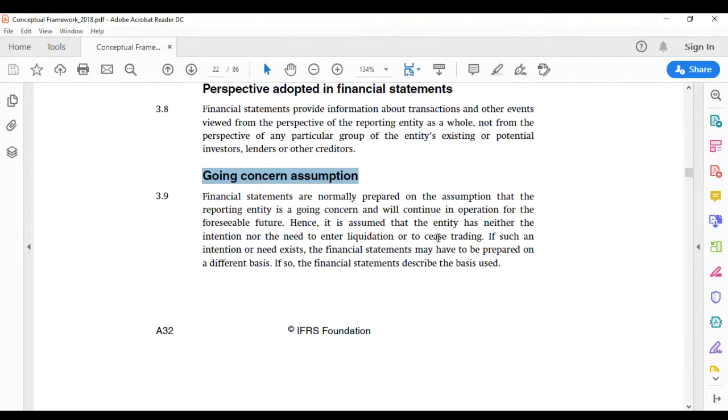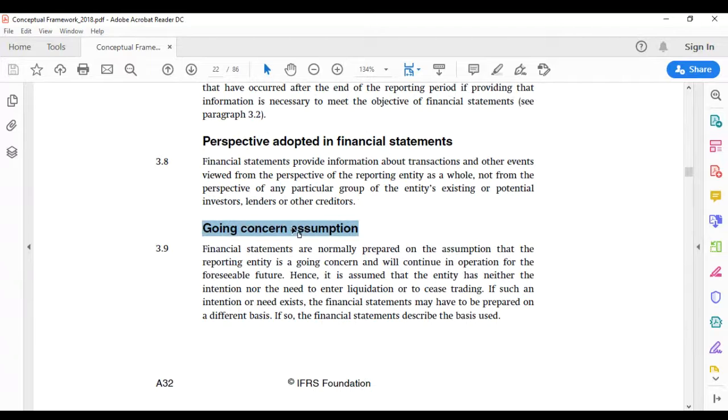Hence, it is assumed that the entity has neither the intention nor the need to enter liquidation or to cease trading. If such an intention or need exists, the financial statements may have to be prepared on a different basis. We're going to talk about that just now. And if so, the financial statements must describe the basis used.